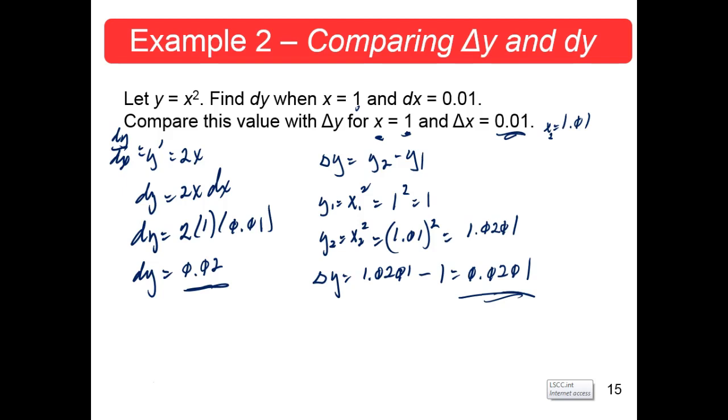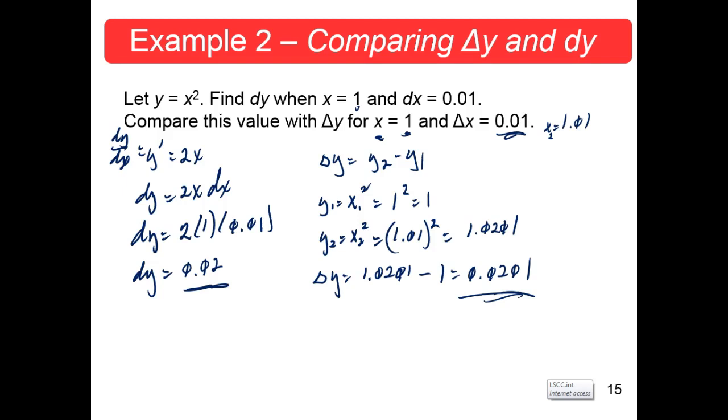In the book, will it say d of x or will it say delta x? Okay. They're letting the d of x equal the delta x. The delta x, the actual change of x is 0.01, and we're going to say, well, let's call that d of x. And then using the d of x, we'll come up with dy.